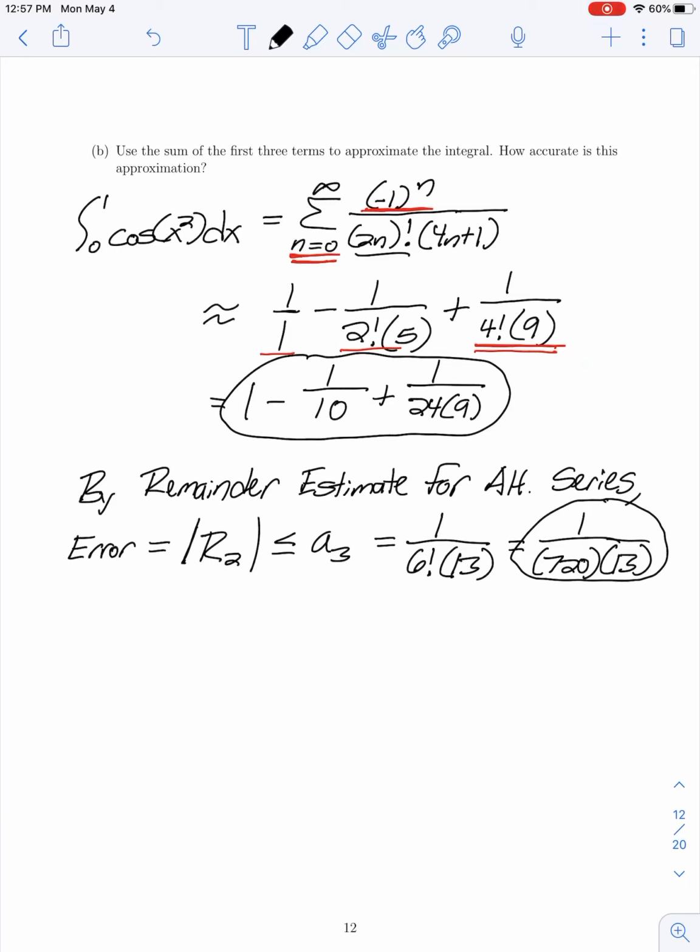So we have a very small error just by looking at the first few terms of our series as an approximation. So in this part of the lecture, we looked at how to find the Maclaurin series of a function, which again is just the Taylor series centered at 0.